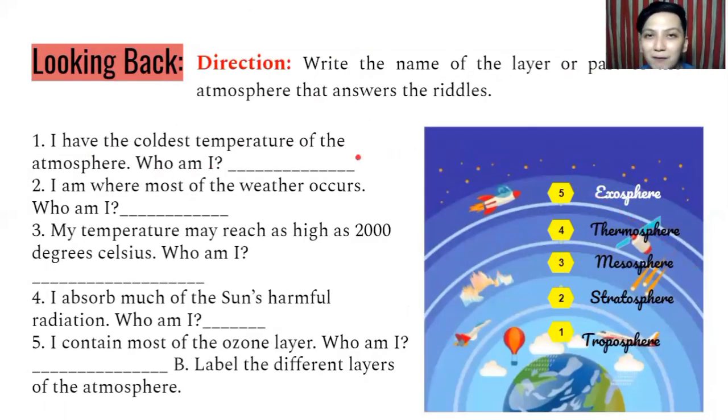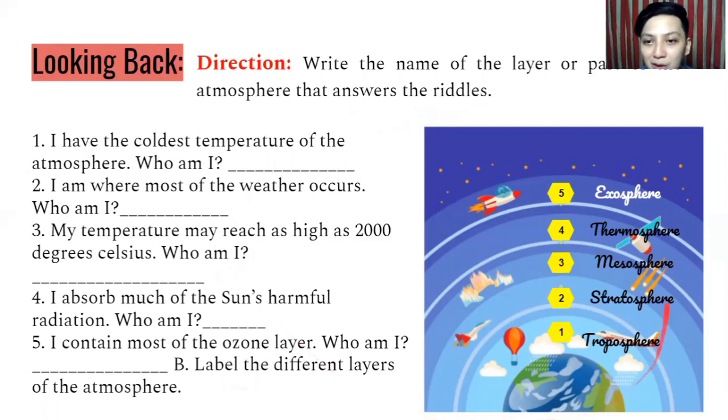So looking back, if you have previous knowledge about this topic, I assure you, you can answer this one. Direction: write the name of the layer or part of the atmosphere that answers the riddles. We have 5 riddles here, so understand and comprehend them so that you will be able to answer what is asked.